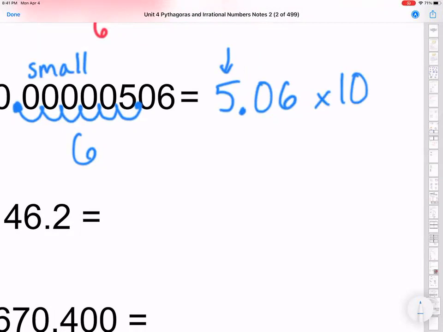And again, since I started with a really small number and made it into that scientific notation form where it's bigger, I have that -6. Again, I started with something small. That's why I have that negative there. So you can almost think like, hey, small equals negative exponent. So if you start with something small, you're going to have that negative exponent.